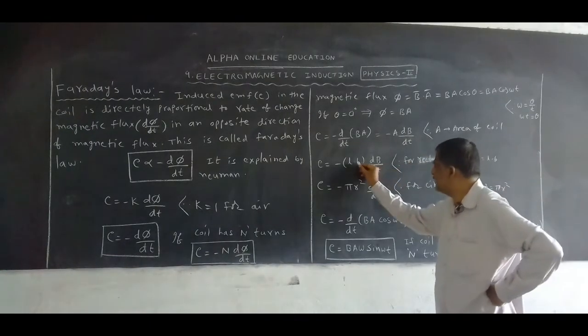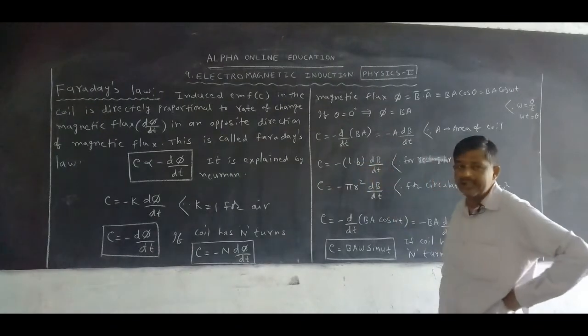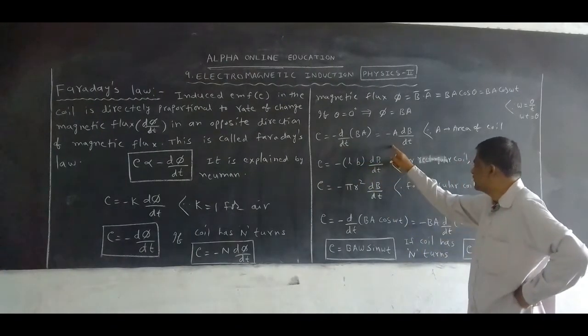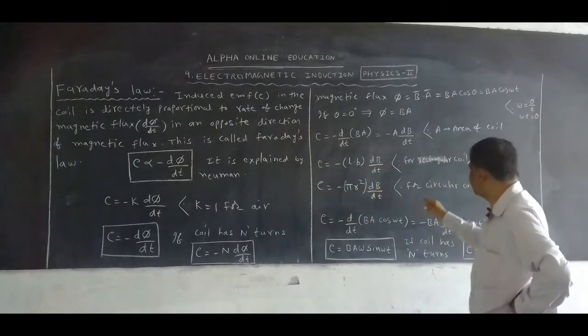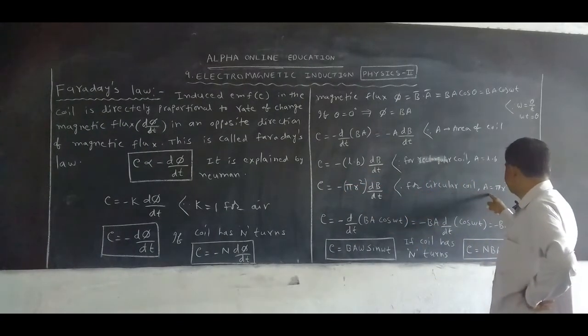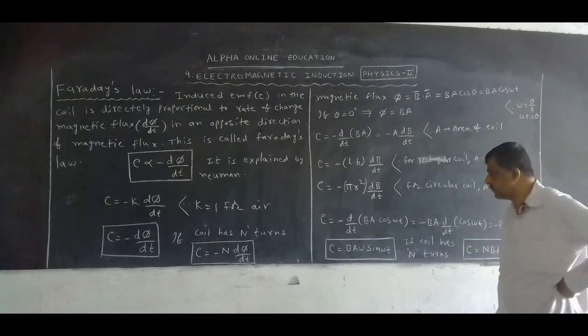That's why instead of A, I take L into B. And next, for a circular coil, A is equal to pi r square.